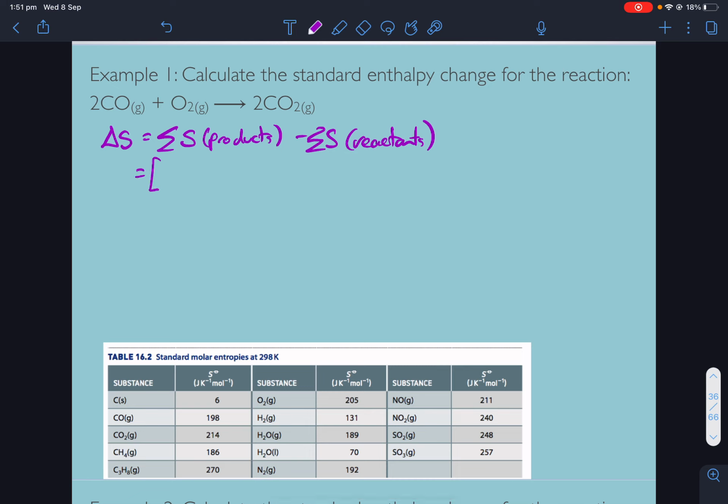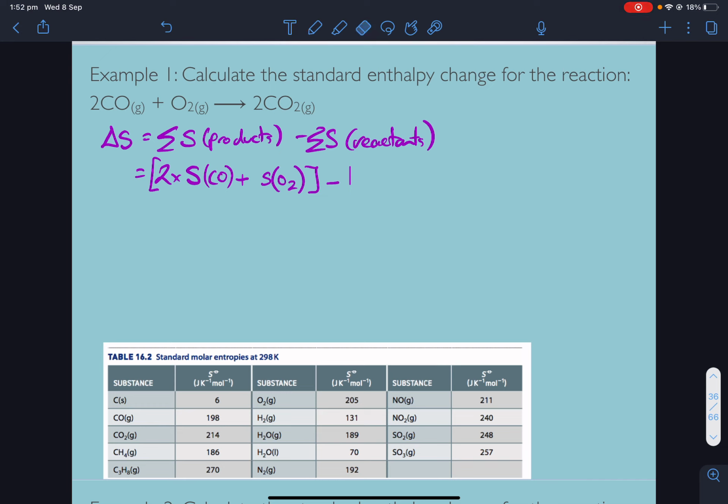So I'm going to start with my brackets, and we need 2 times the entropy of carbon monoxide plus 1 times the entropy for O2, and we're going to minus, I was meant to do products.